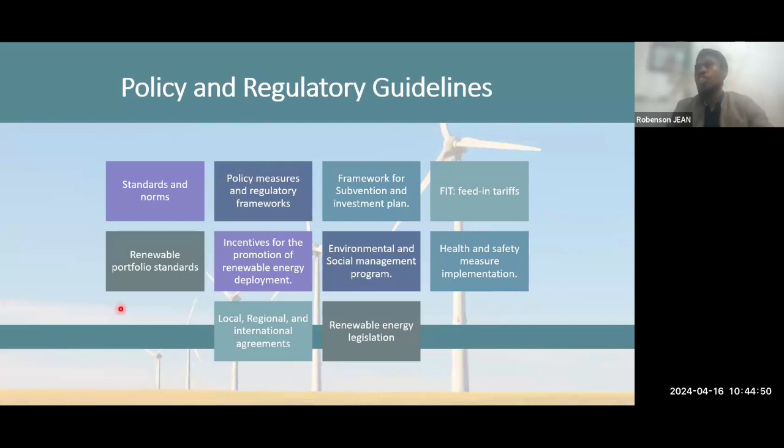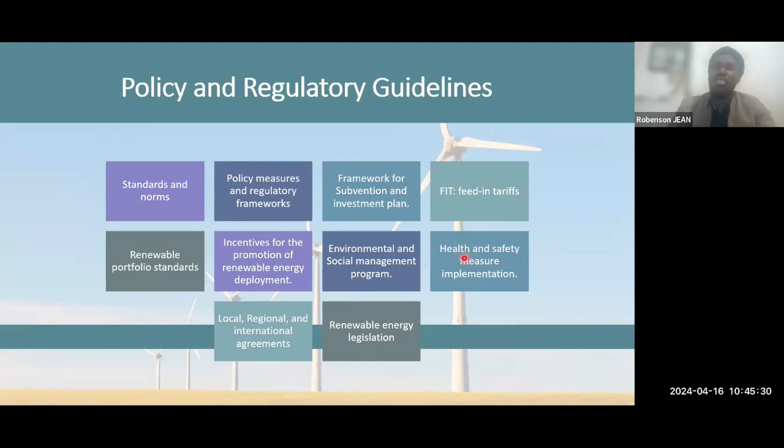And also we can go for renewable portfolio standards and incentives for the promotion of renewable energy deployment, and also address social and environmental management programs in order to consider those concerns in our project. Because, as I already told you, sometimes projects are getting slowed or blocked due to lack of environmental and social impact assessment. So it is important to have a program for environmental and social management.